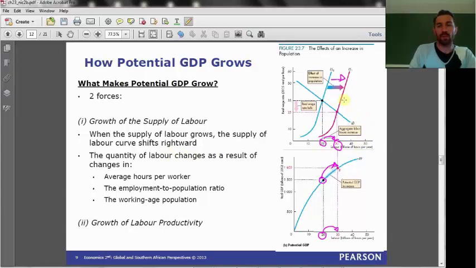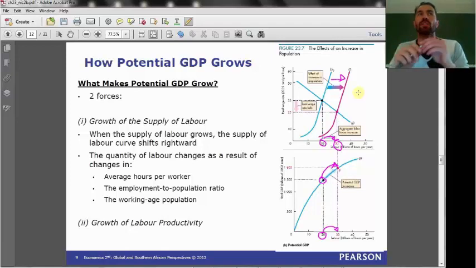In other words, as we move from 20 to 30, the quantity of labor is going to increase. If our working age population increases, in other words, if there are just more people generally, it means at any given wage rate there will be more labor supplied. So our labor supply curve shifts to the right.